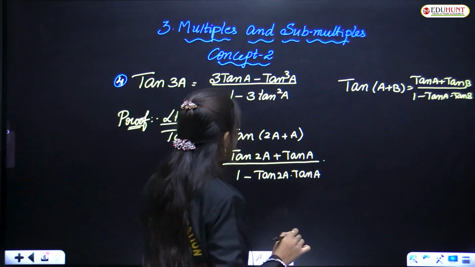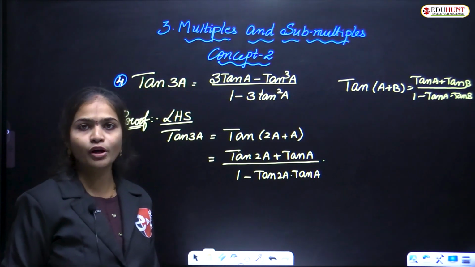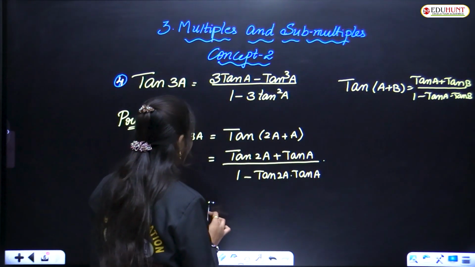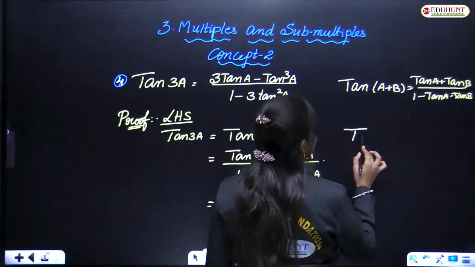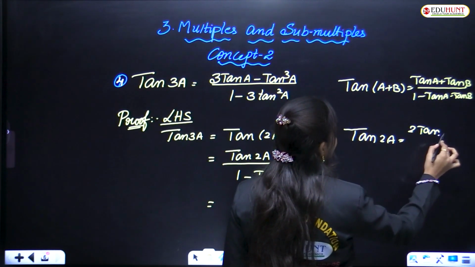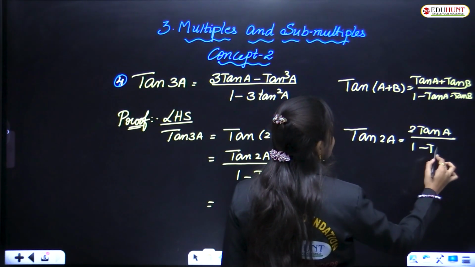Okay children, now here tan 2a, we already learned the formula related to tan 2a. So what is that formula here? Tan 2a is equal to 2 tan a by 1 minus tan square a.